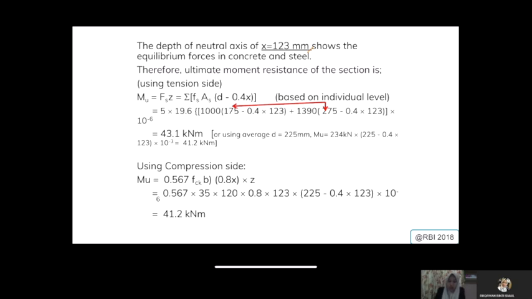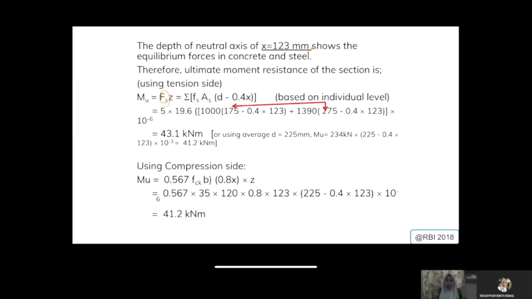Okay, so once we know that the x is 123, then we can calculate the moment. How we calculate the moment is by taking the value of your Fs, but there are two sides that you can consider, because the optimal x was determined by considering Fs equal to Fc, meaning the force at the tension side is equal to the force at the concrete side.